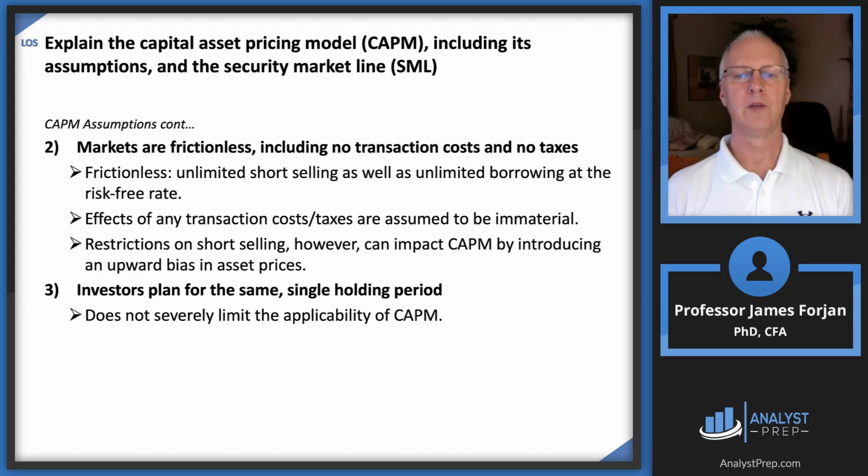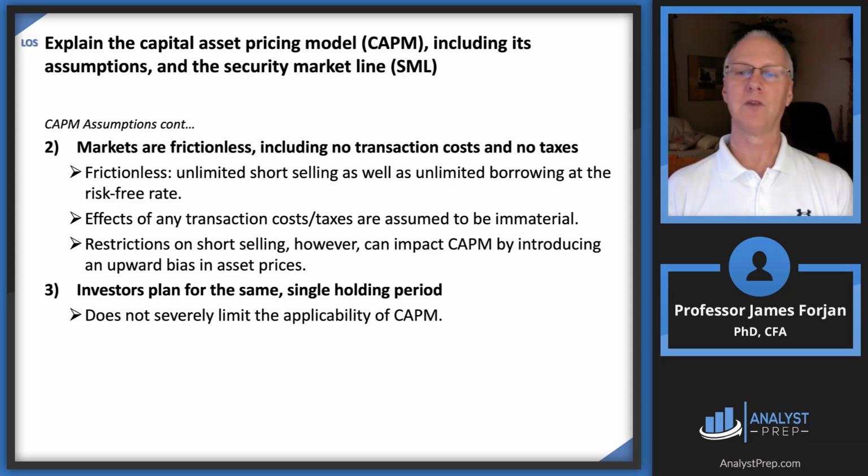Now, here is an assumption that some people don't like. Markets are frictionless. That means that there are no transaction costs and there are no taxes. Oh boy, that sounds fairly unreasonable, and it probably is. A frictionless and transaction cost-less market means that there are no such things as bid-ask spreads, no such things as commissions or fees.